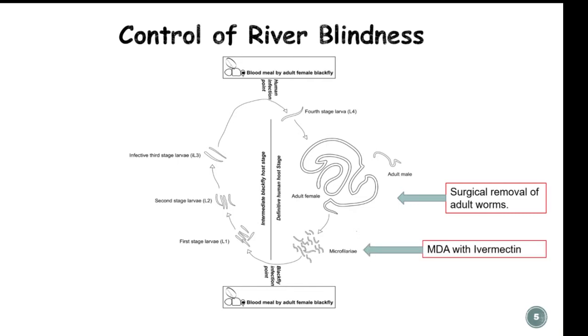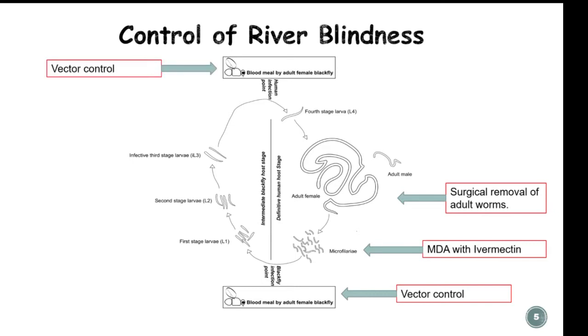Also, the mass administration of ivermectin will kill the baby worms and prevent intake by the black flies, and also has a contraceptive effect on the adult female. Vector control will kill the black flies, prevent them from passing on the infective stage, and also prevent them from taking on the microfilariae during the blood meal. Next slide.